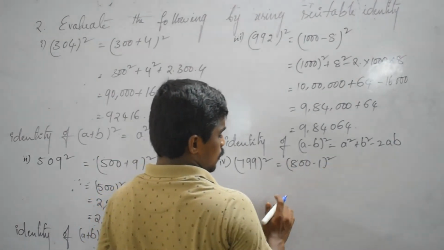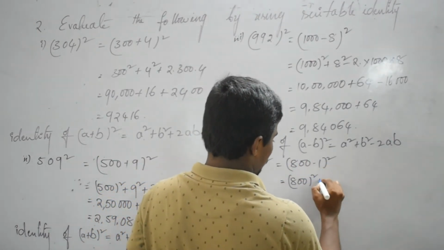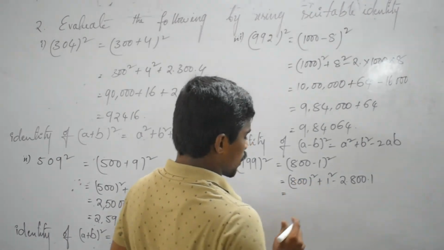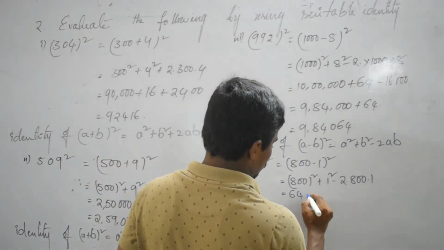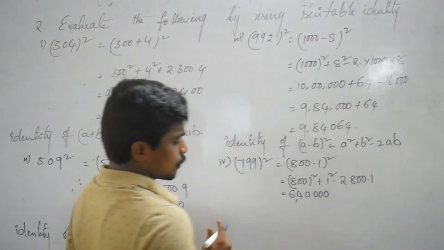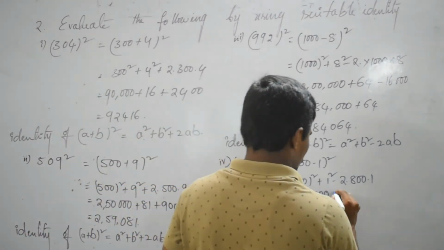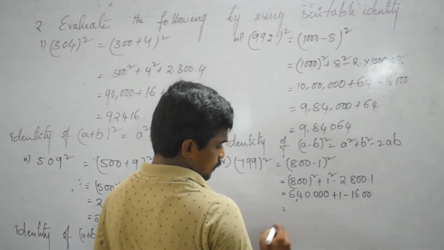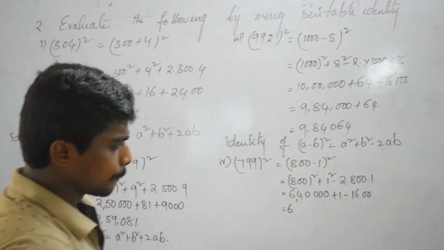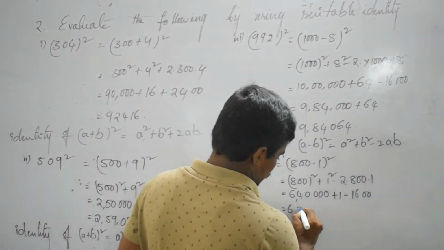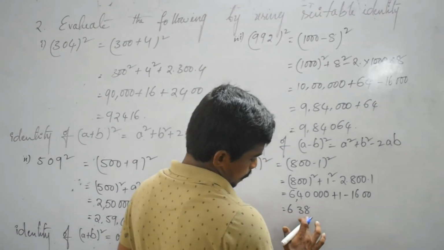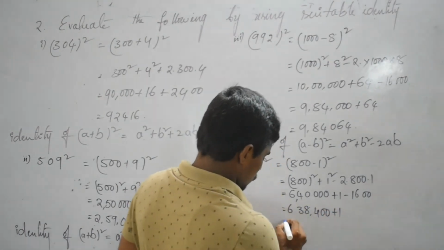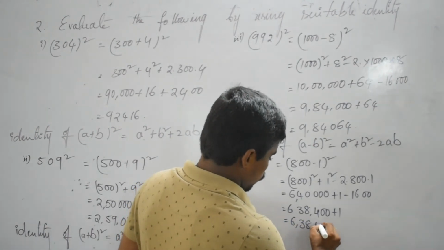Now (a − b) whole square: 800 square plus 1 square minus 2 times 800 times 1. 800 square value, 8 eights are 64, so 6,40,000, minus 2 times 800, that is 1600. 6,40,000 minus 1600 is 6,38,400, plus 1, 6,38,401.